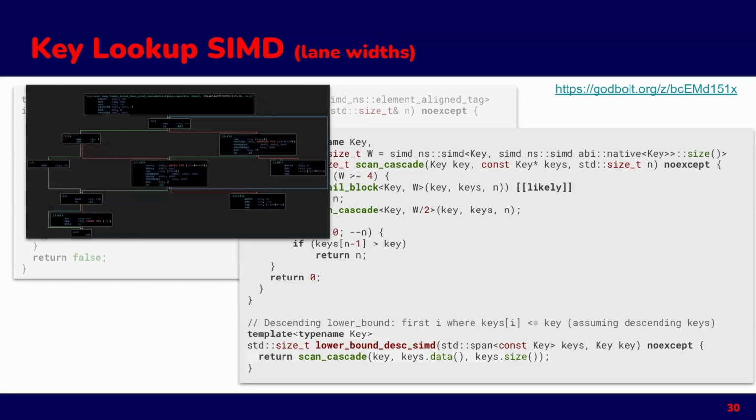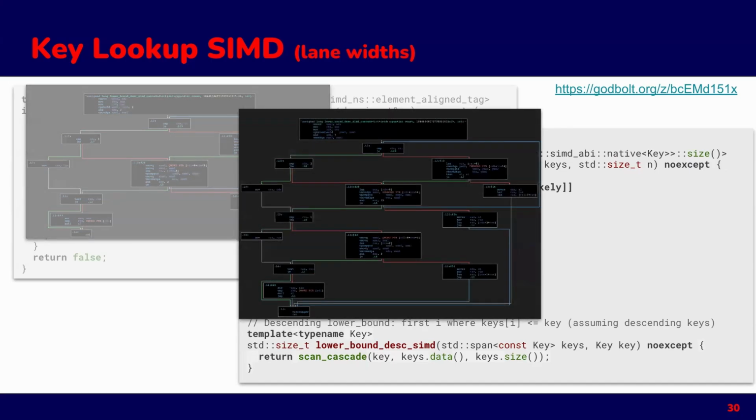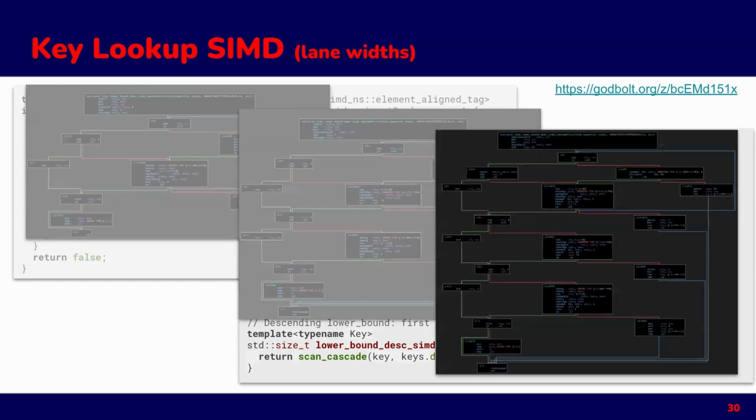Okay, let's look at the generated assembly layout. This is not very visible, but as a bulk, this is AVX with 128-bit registers, this is the version for AVX2, and this is the version for AVX-512. So the same generic code generates the assembly based on the extension you pick.